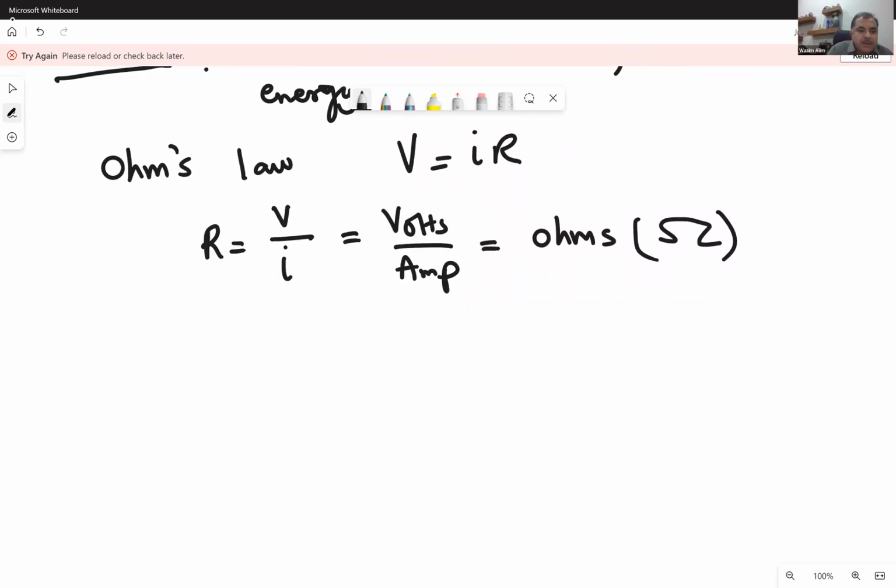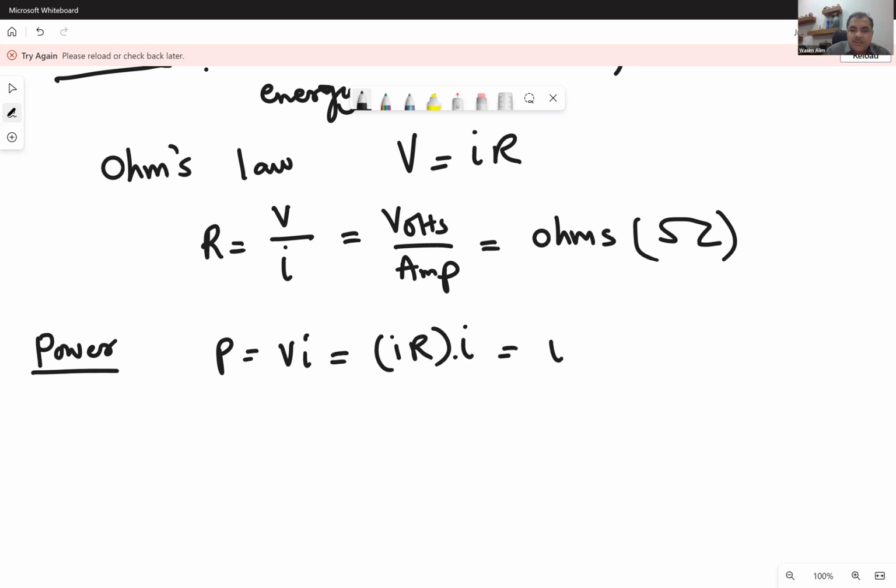When you talk about the power in a resistor, the power is VI. Then V could be described as IR, times I. So power of a resistor could be described as I squared R. It's one of the formulas.